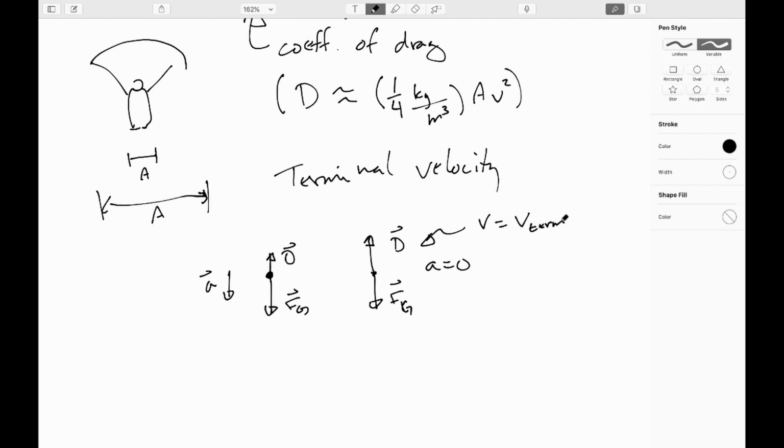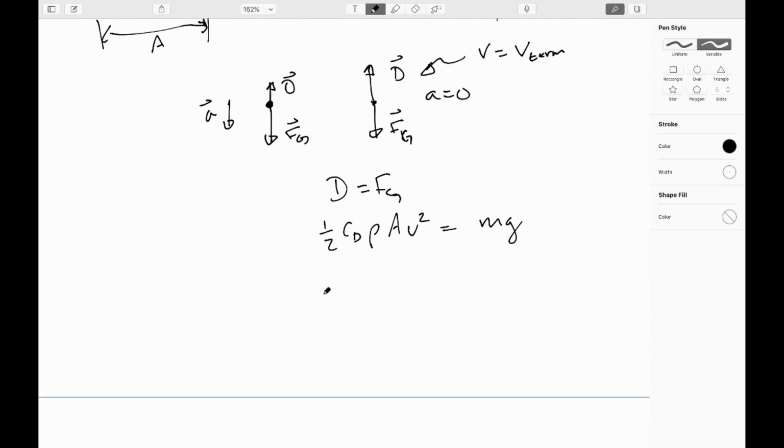So at this terminal velocity, the drag force and gravity are equal. So in that case, we can go ahead and equate the two forces and say that drag will equal gravity. And so we can put in our 1/2 C_D rho A V squared. Gravity will be equal to mg.